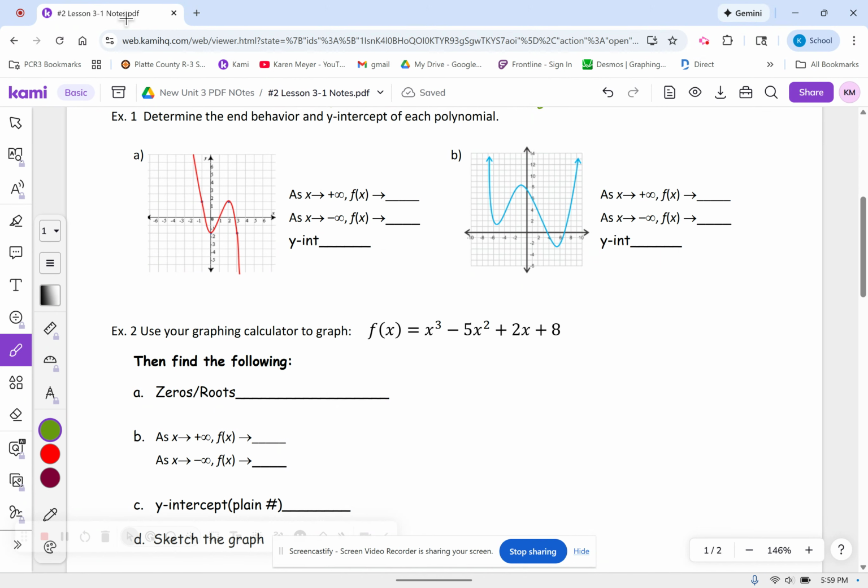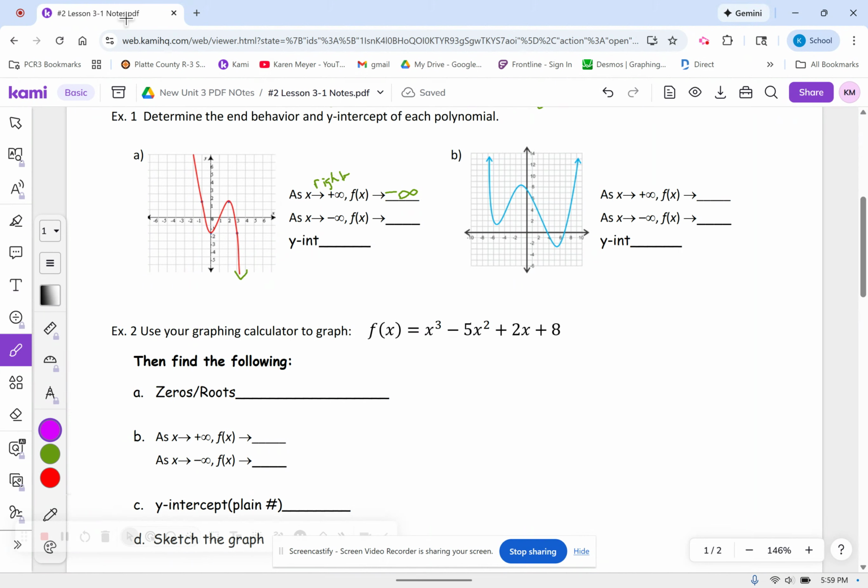So this is telling me here that we're looking at the right side. And if I'm looking at the right side, you're going to notice that this graph is going down. So if I put an arrow on it, it would be pointing downward. So if it's pointing downward, then I would say the y numbers are all going toward negatives. So I would write negative infinity.